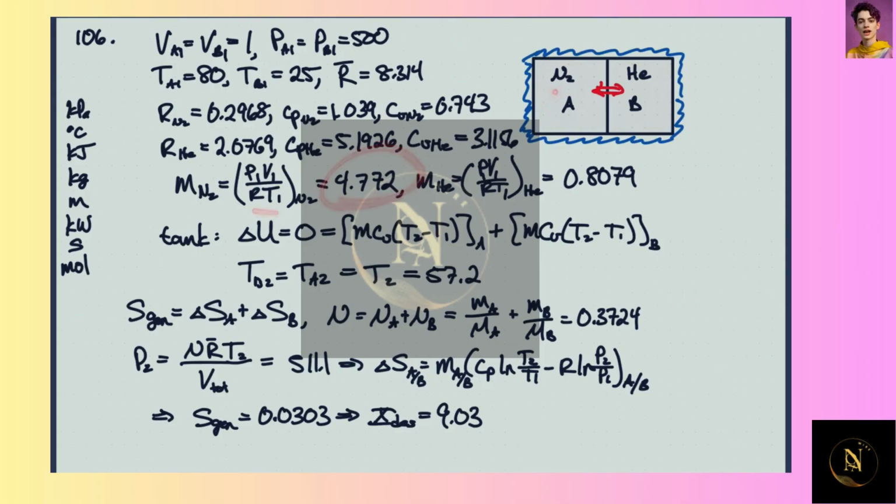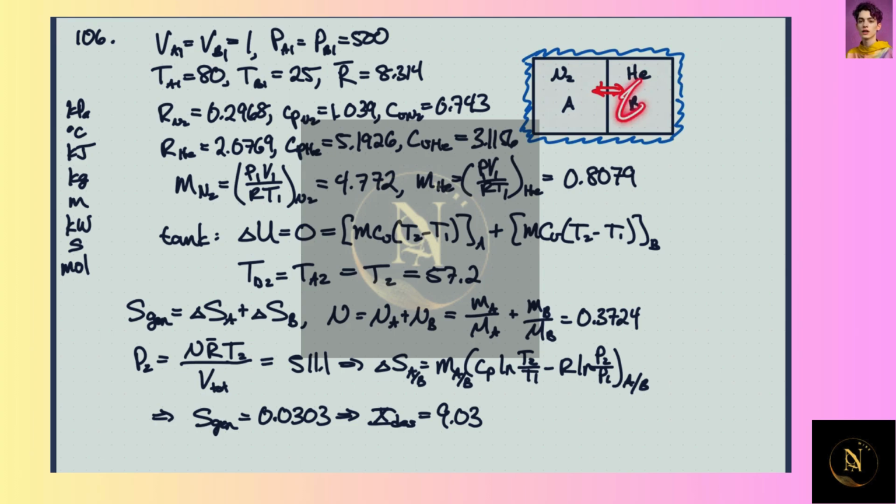So that winds up being 4.772 kilograms. We can also figure out the mass of the helium over here, and that turns out to be 0.8079 kilograms. So a lot less helium over here, although we have the same volume.